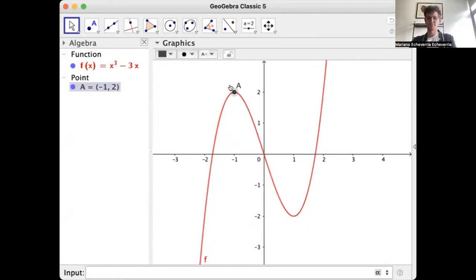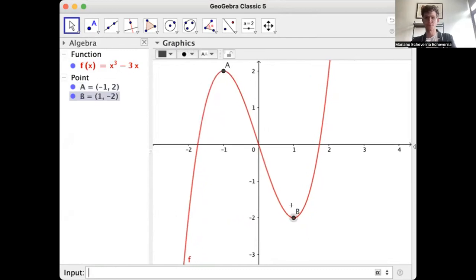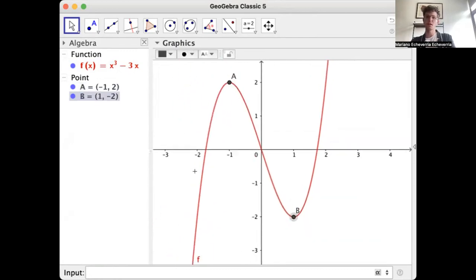That's what you see here. And the other point was 1, f of 1. So the other point on the roller coaster is this one. You see, it went from increasing to decreasing, so that's why this was a relative max. And then it went from decreasing to increasing, and that's why this one was a relative min.